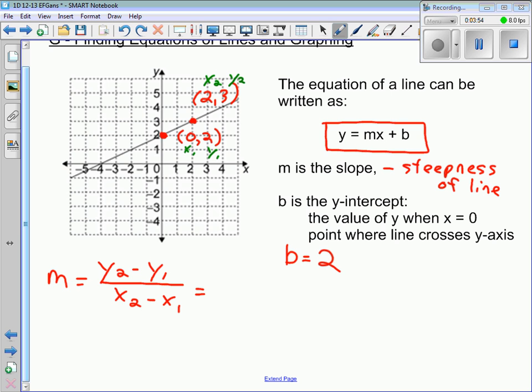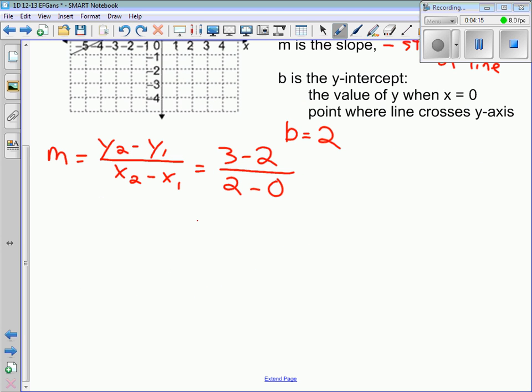So let's see, y2 is 3, y1 is 2, so we have 3 minus 2 on the top. Down in the denominator, x2 is 2, x1 is 0, so 2 minus 0. So our slope is 3 minus 2 is 1, 2 minus 0 is 2. So our slope is 1/2.